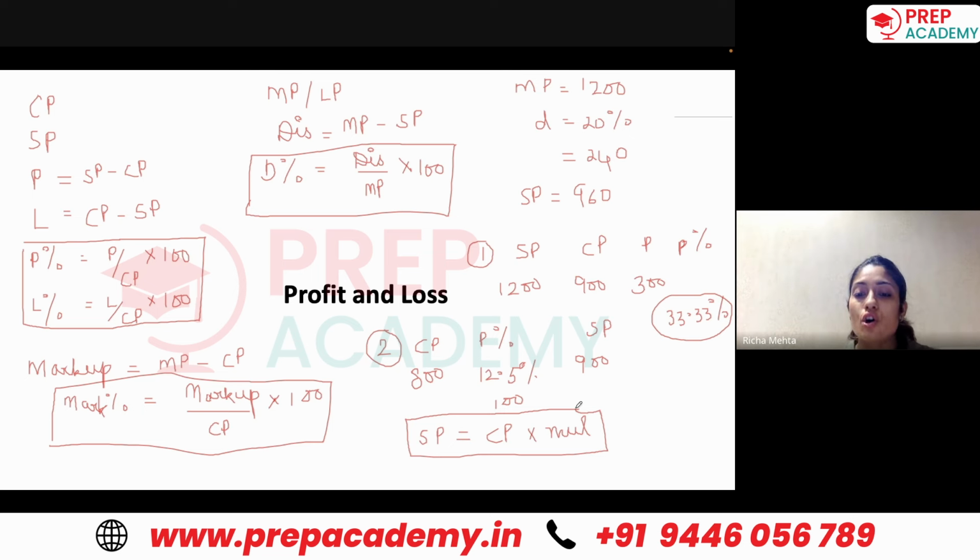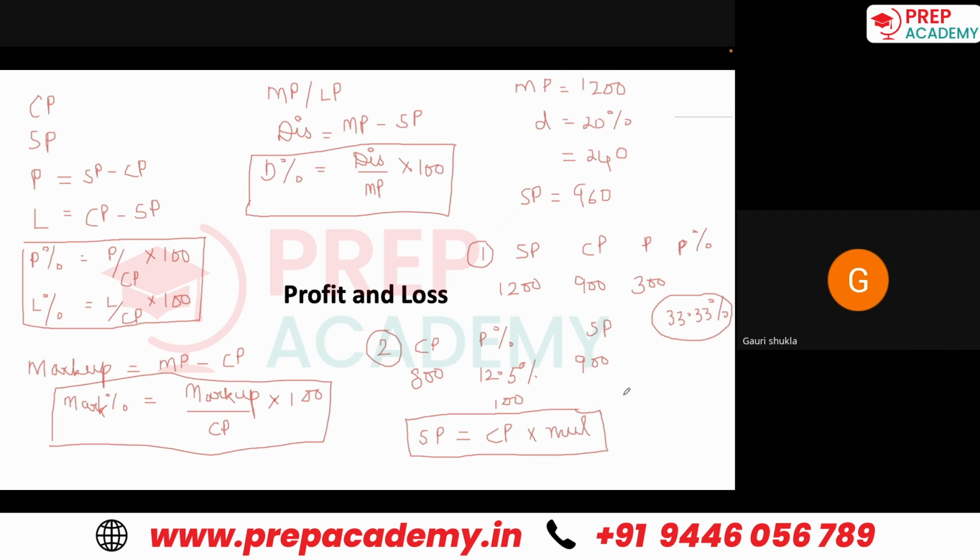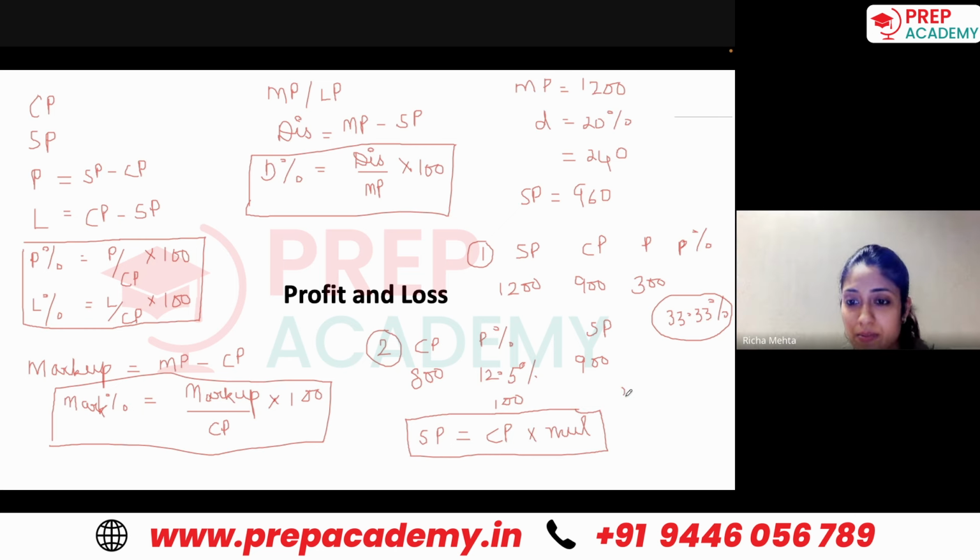And if it's a loss, my multiplier will be 1 minus the fraction. In this case, it's a profit. So if there's a profit of 12.5%, which is 1/8, what will be the multiplier? 9/8. 1 plus 1/8, which is 9/8, exactly. So my selling price is going to be 800 into 9/8, which will also give you 900 rupees.